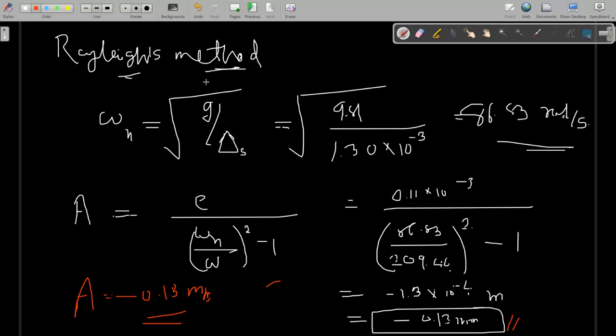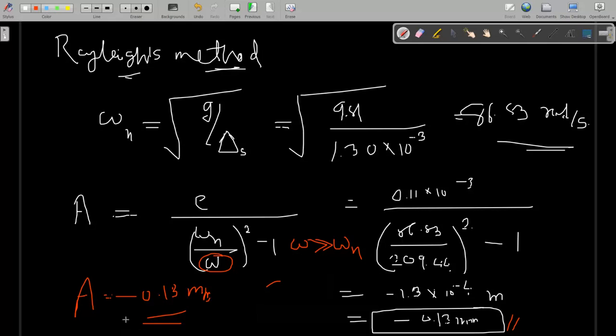So the justification you have to write in the exam is that the amplitude in negative direction indicates that the rpm at which our shaft is rotating, this omega, is very much greater than omega n. That means it is rotating beyond the natural frequency speed.